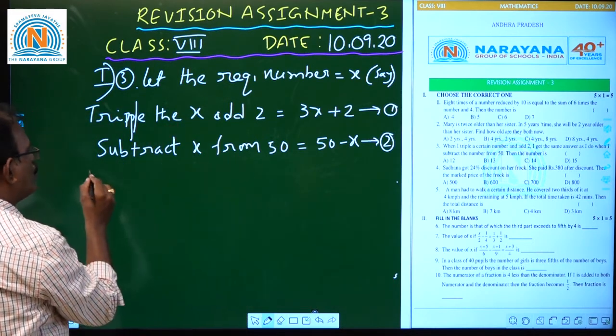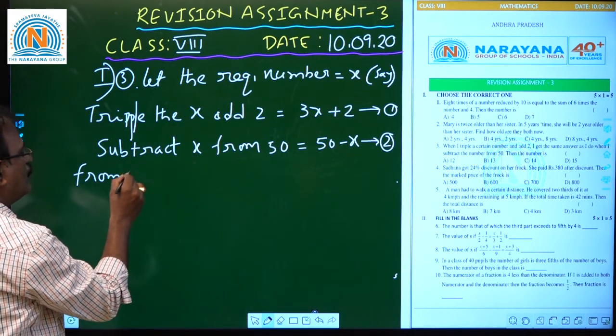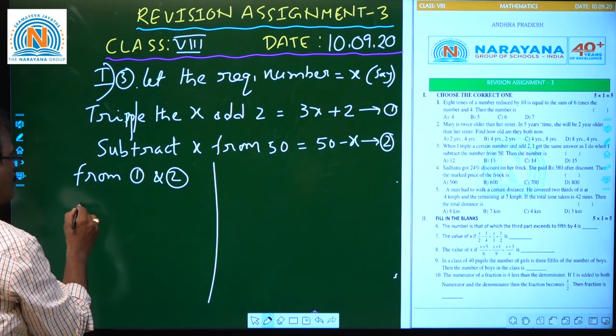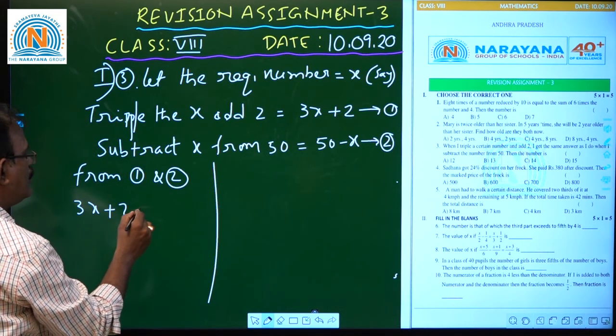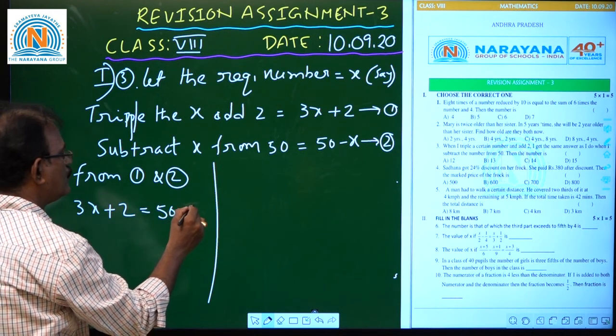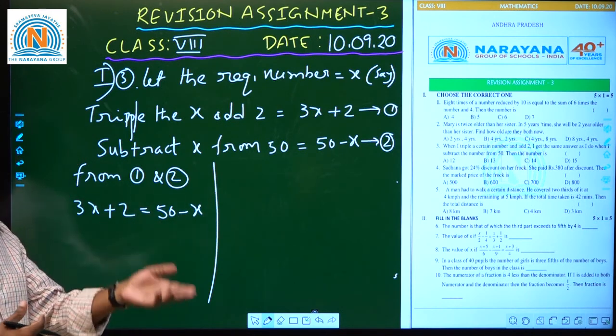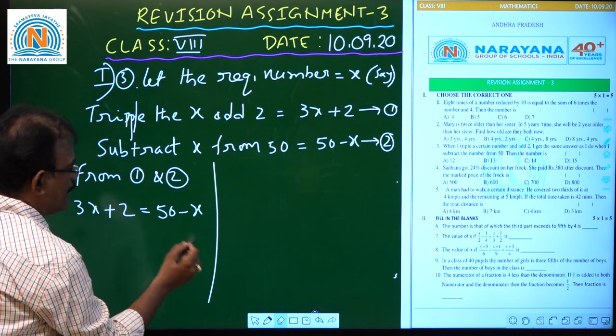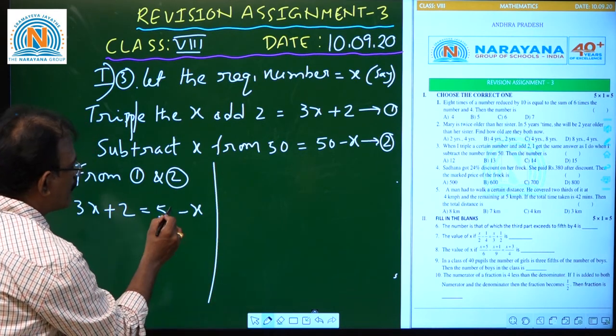Okay, children. So from 1 and 2, both are the same. We got the same result. In such a way we are forming simple equations, children. After that we will get the required answer.